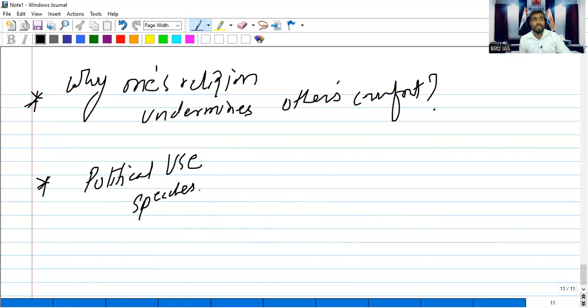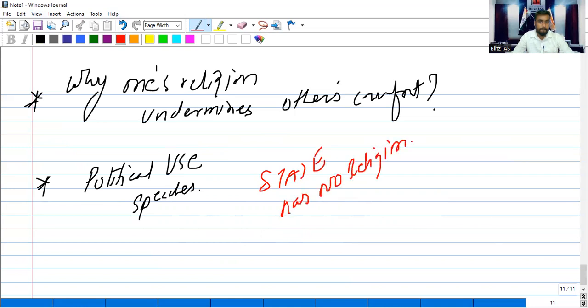Ideally, Constitution says government should not interfere with the religion. Government should not use religion. State has no religion. It's written in the Constitution. India is a secular country.